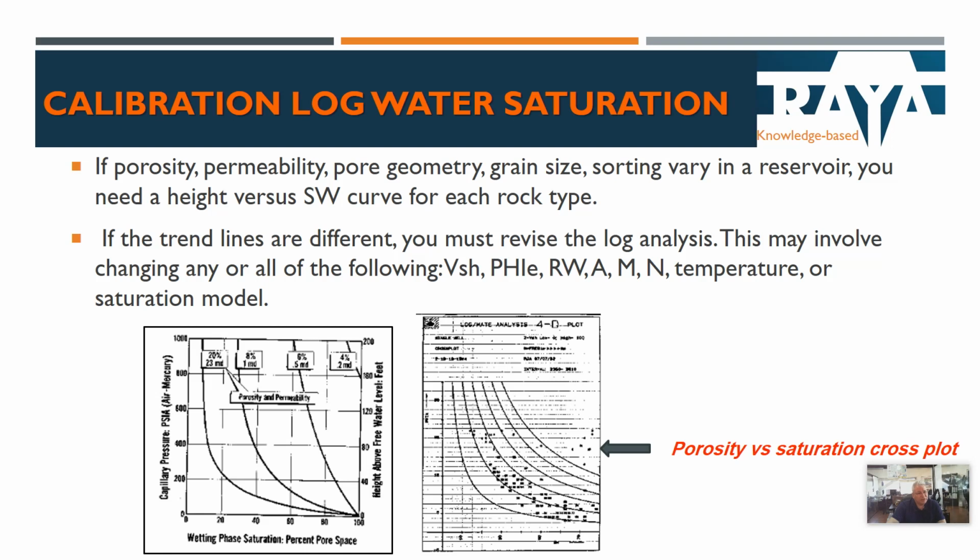And at the right side, we have the saturation values from logs versus calculated porosity from logs. The trend of the curves in this plot should be the same as the trend of the PC curves.